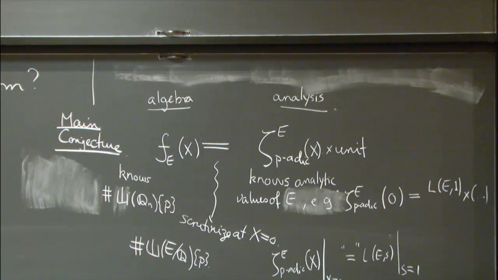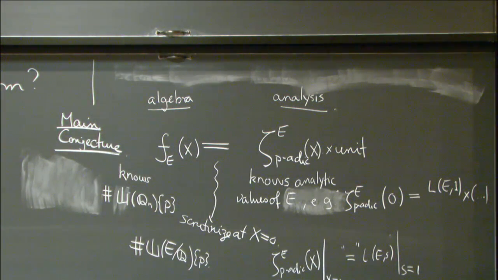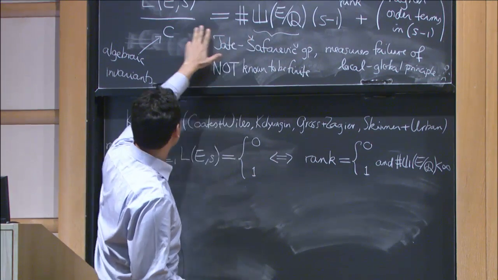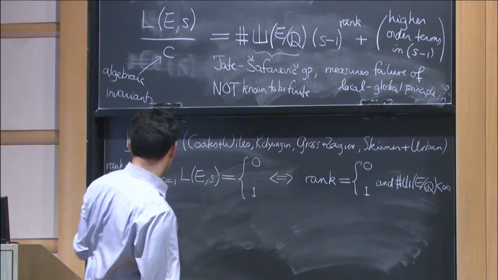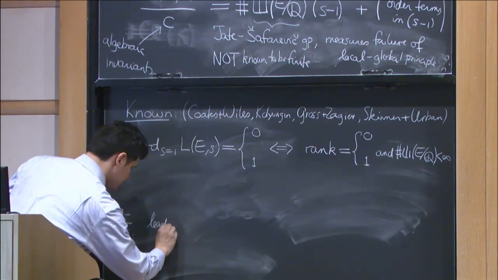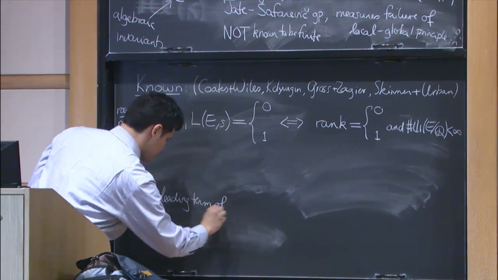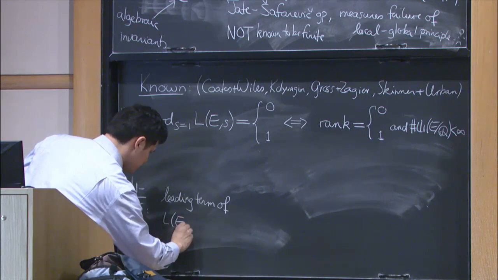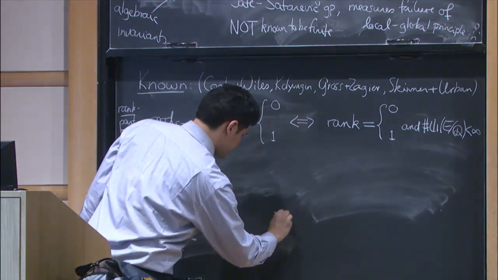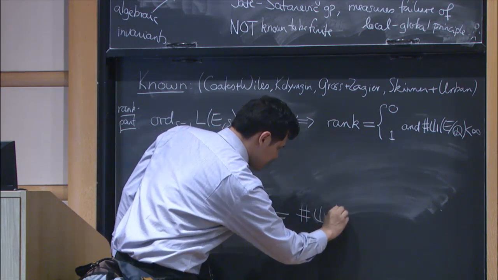In particular, what you get is that the leading term is the same. If you look at the leading term of this number, it should be equal to the leading term on the right side, which is the size of SHA.